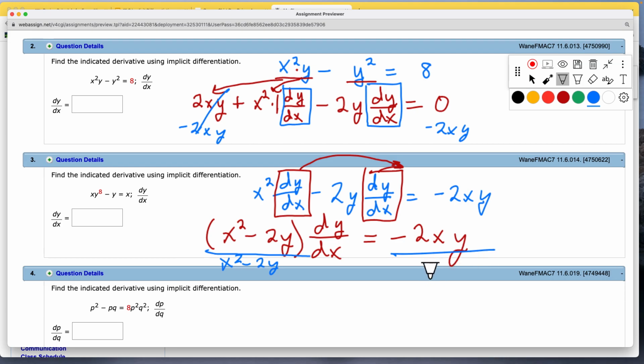This side becomes 1, and so our final answer, that's our answer. And again, that's what we would type in.